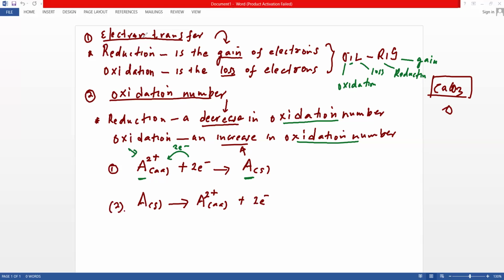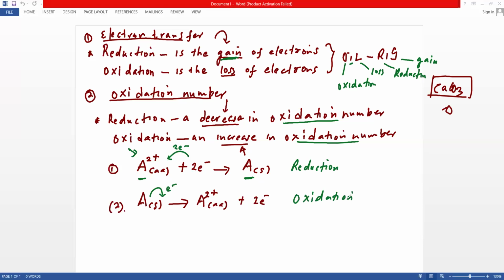And we know that when a substance gains electrons, we say it undergoes reduction. So it means this half reaction, we wrote it in the form of reduction. And this one has given away its electrons, so it means this one will undergo oxidation.